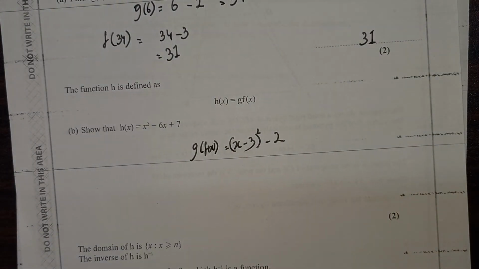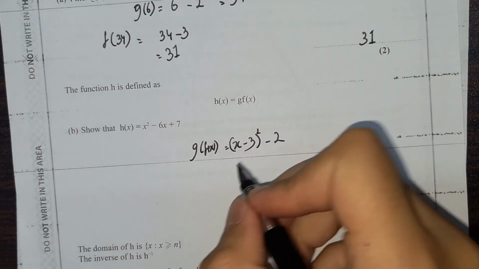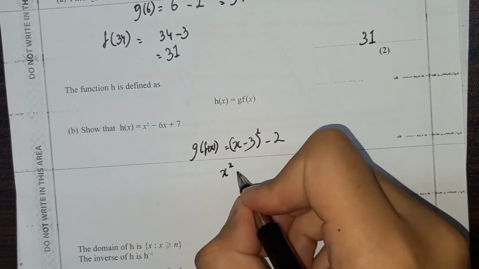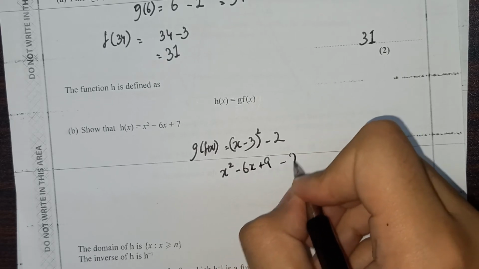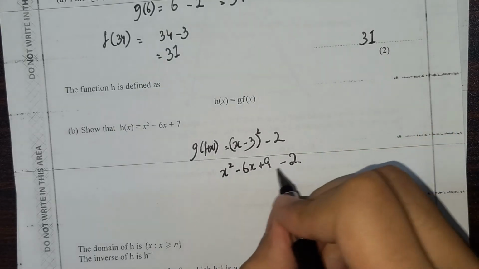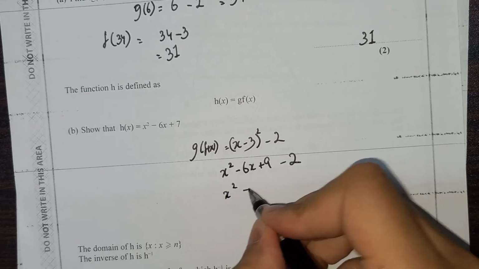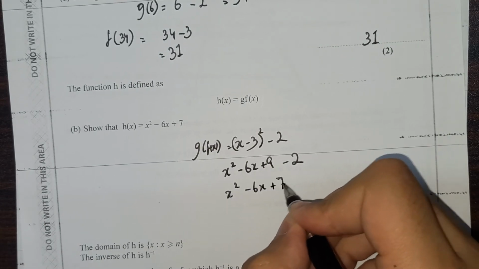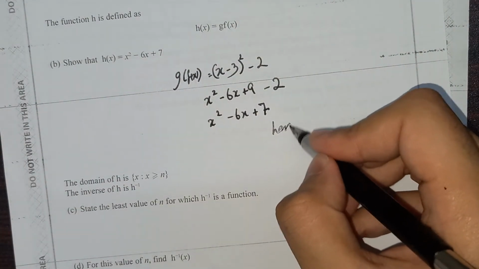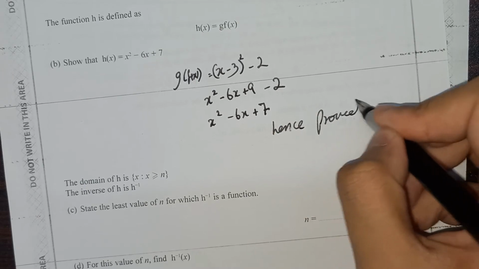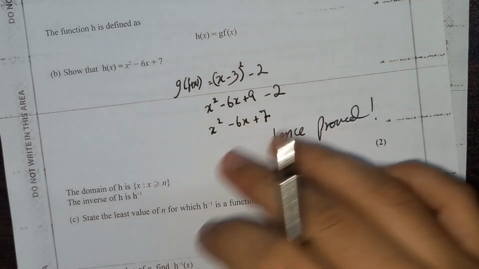Now open this using the second identity, which is x square minus 6x plus 9, out of brackets it's minus 2. Simplify this whole thing: x square minus 6x plus 7. Does it match? Yes, it does. So we'll just write hence proved, and we're done with this part.